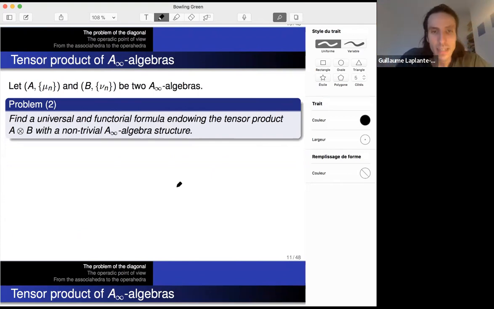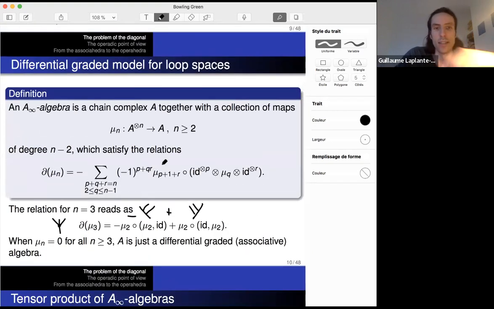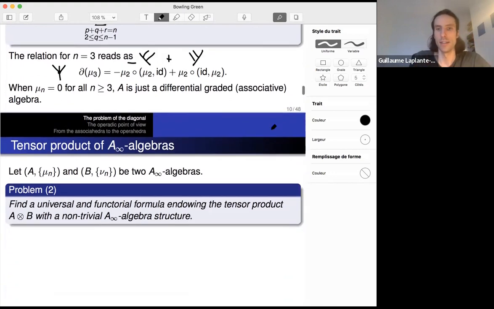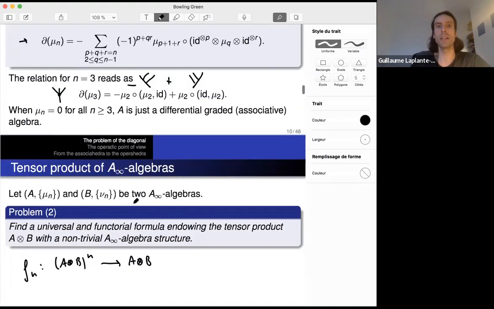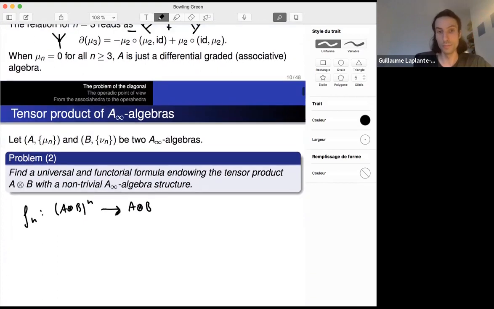This means you have the family of mu n's that verify these relations, the family of nu n's that verify these relations as well, and then you want to find a family of, let's say, rho n's that go from A tensor B tensor n to A tensor B, and which satisfy this relation here. But you can only use the fact that mu n and nu n do.